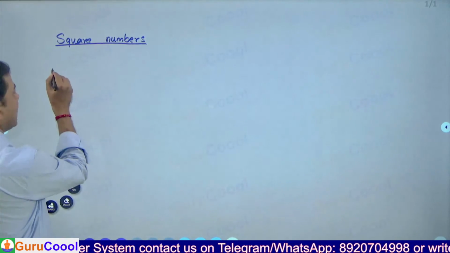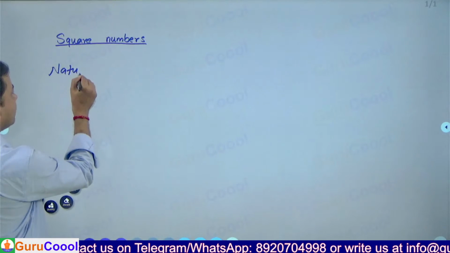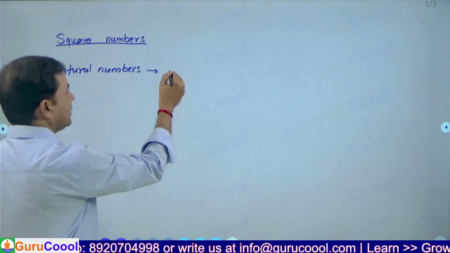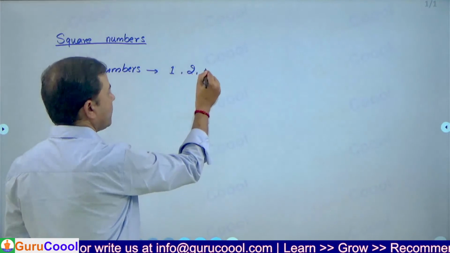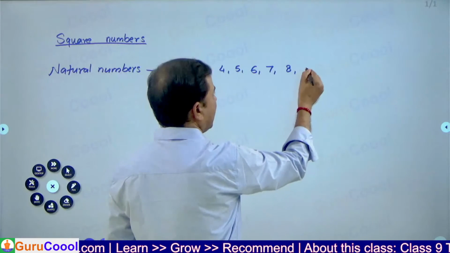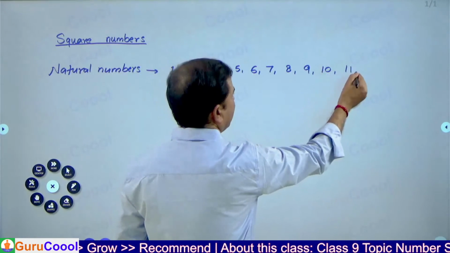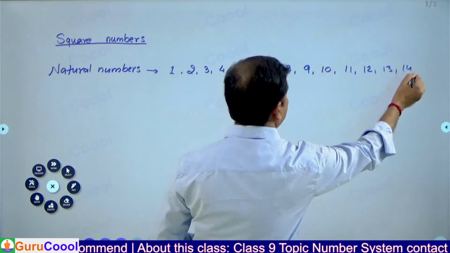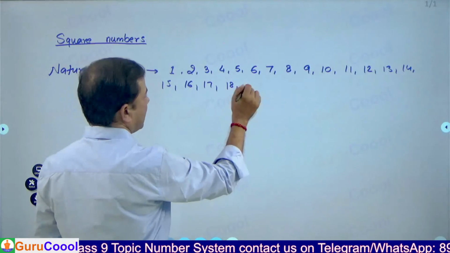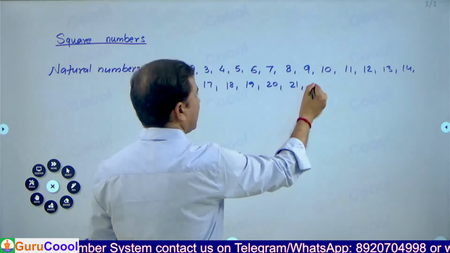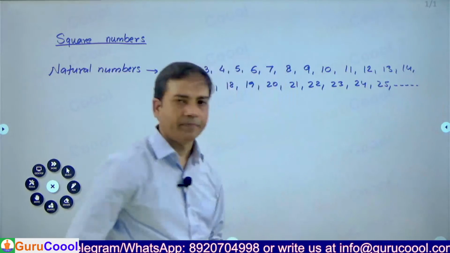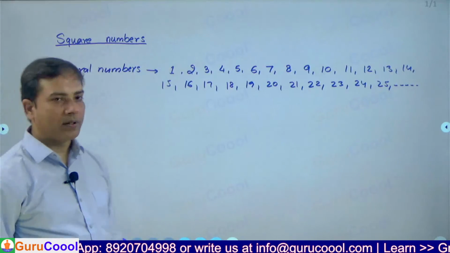Out of these, let us collect natural numbers first. 1, 2, 3, 4, 5, 6, 7, 8, 9, 10, 11, 12, 13, 14, 15, 16, 17, 18, 19, 20, 21, 22, 23, 24, 25 and so on. I needed this many numbers to demonstrate what I need.